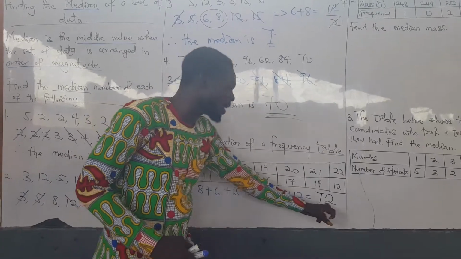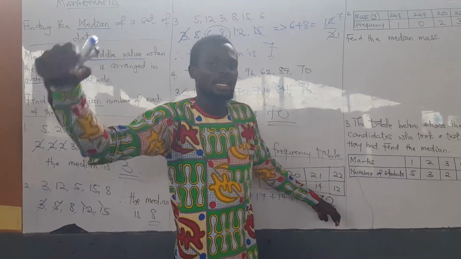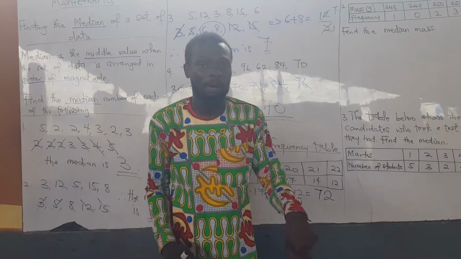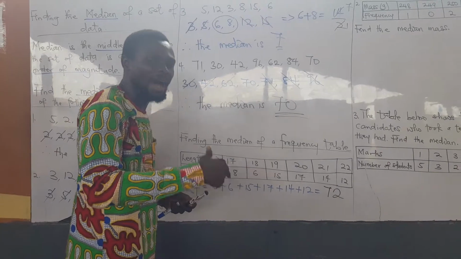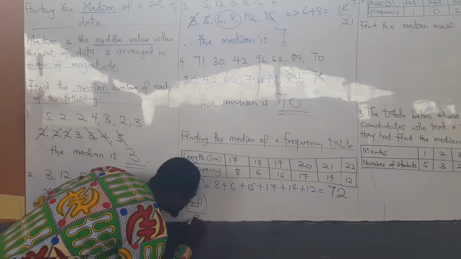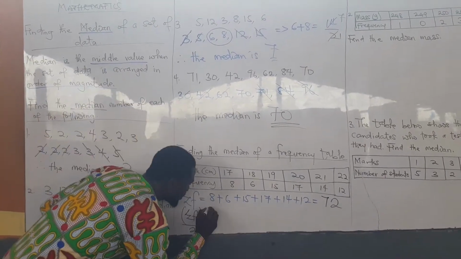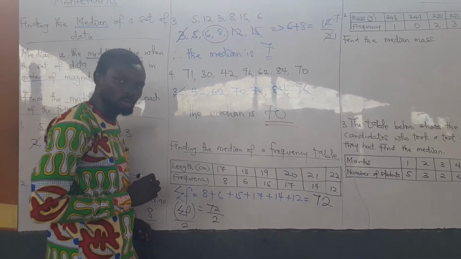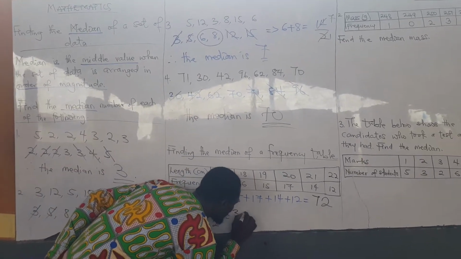So this Sigma F is an even number, and we are going to divide Sigma F by 2. Sigma F is 72, so 72 divided by 2 is going to give us 36.